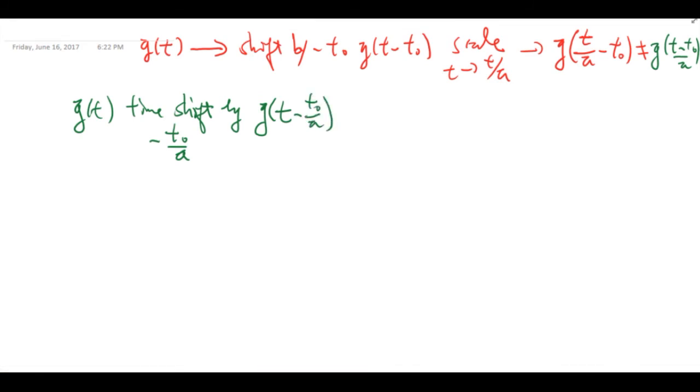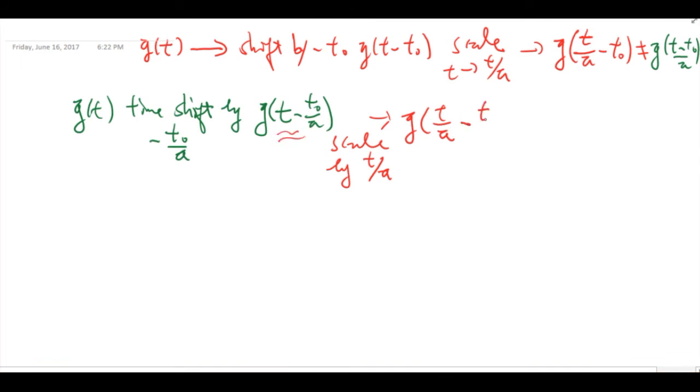Once we have done that, we scale it by t over a, then our function will become g(t over a). We just replace this t by t over a, the same t naught over a.